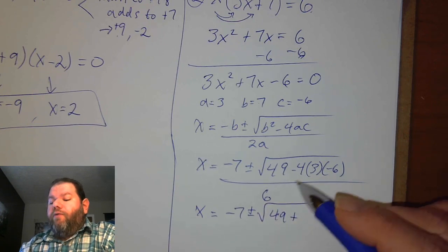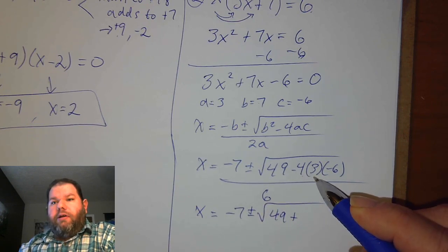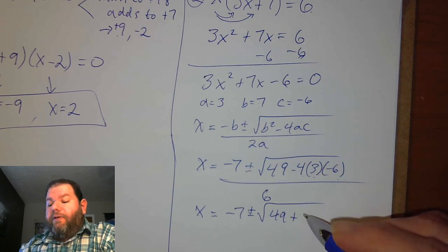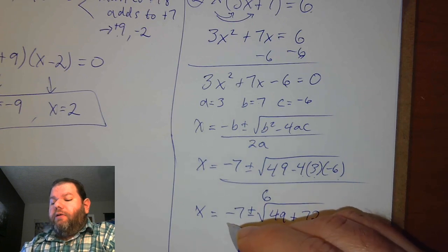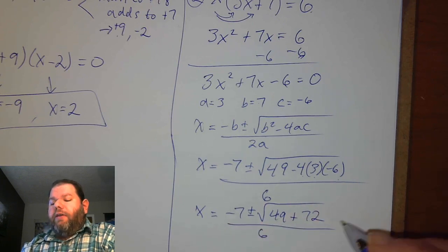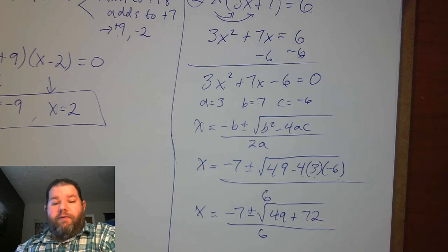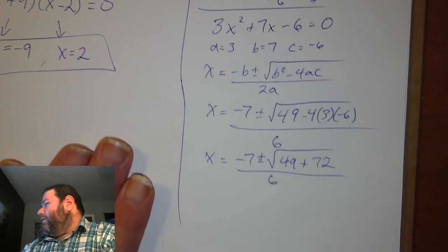And then if we take 4 times 3, that is 12, and 12 times 6 would be 72. Yeah, that's going to add up to 121, which is a perfect square, so this would have been factorable if we wanted to do it that way.